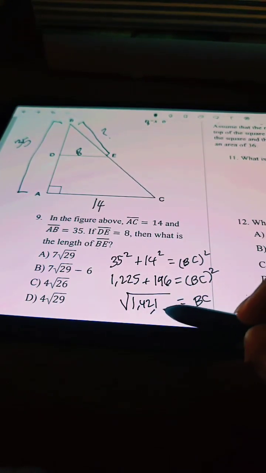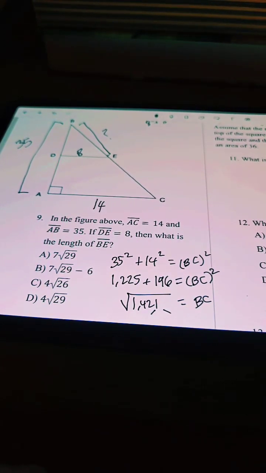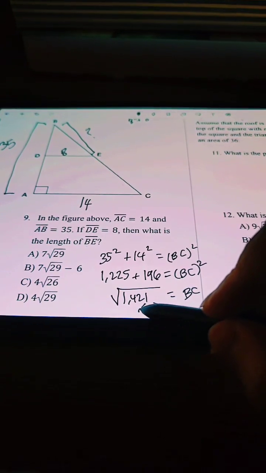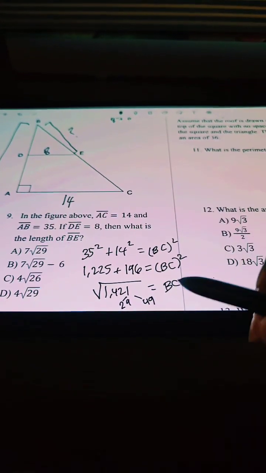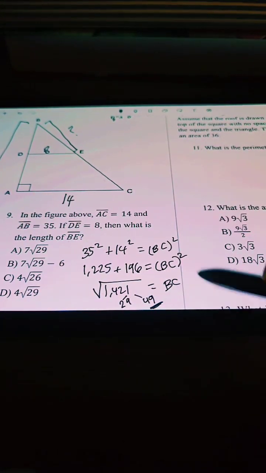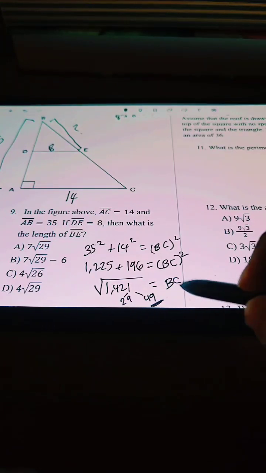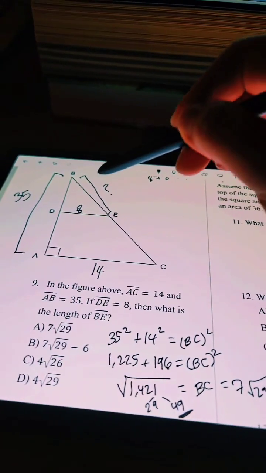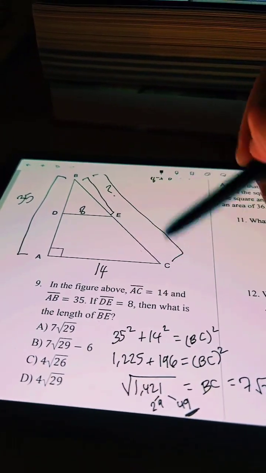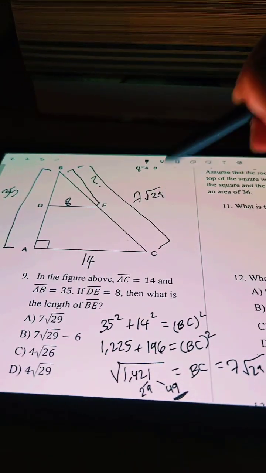Let me use my calculator because I don't feel like dividing by 29 right now. 1421 divided by, does 29 go into that? Yeah. 29 times 49 gives you 1,421. This is a perfect square. So the square root of 49 would be 7. So I could say that this is equal to 7 root 29. This whole side length, BC, is equal to 7 root 29.